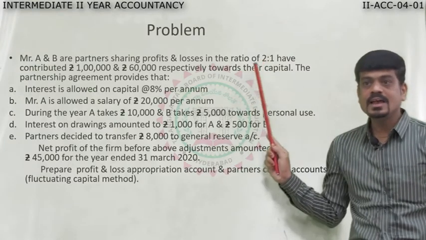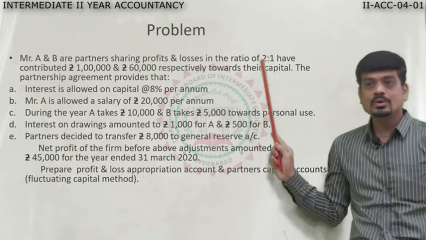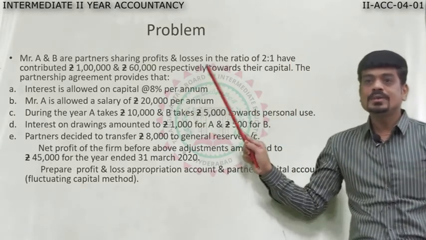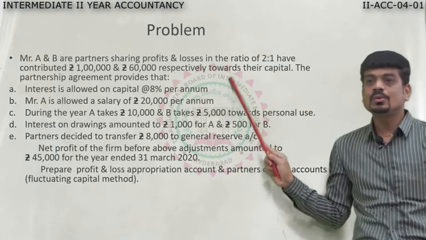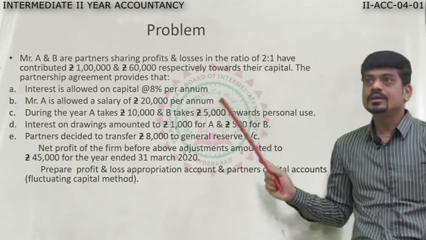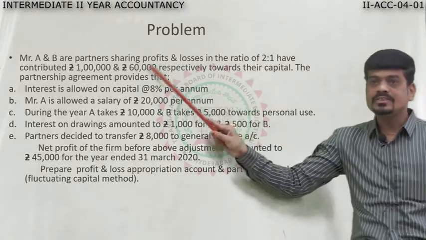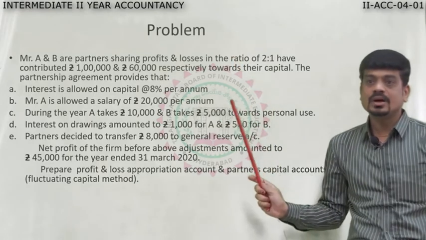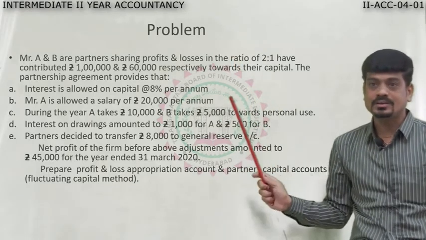Since they have agreed on 2:1, we are going to take 2:1. And they have contributed rupees 1 lakh and 60,000 respectively towards their capital. It means A invested 1 lakh, B invested 60,000. This is the amount of capital.